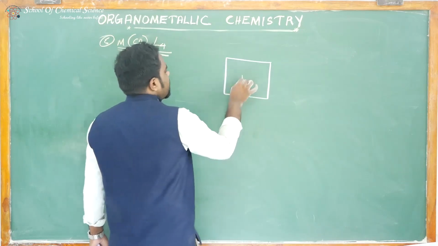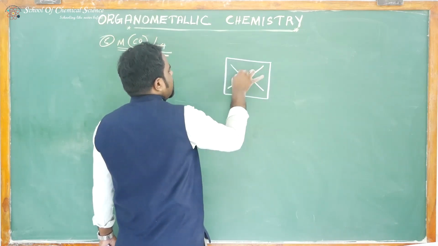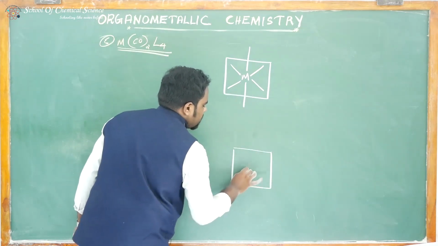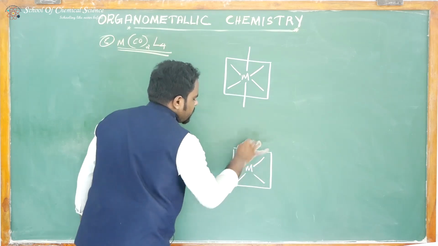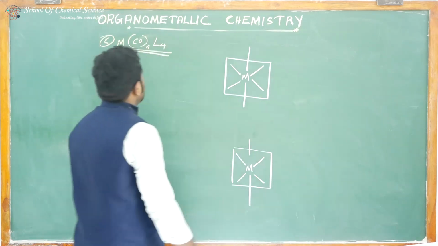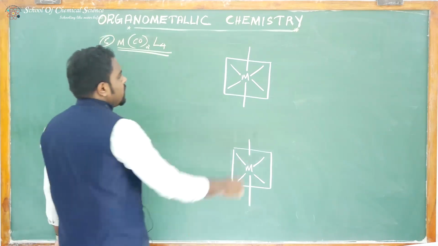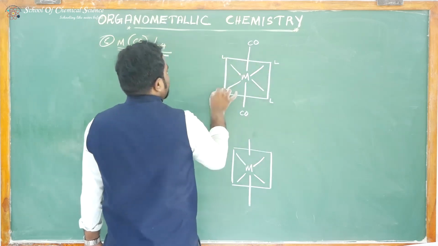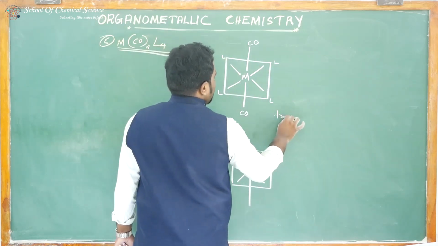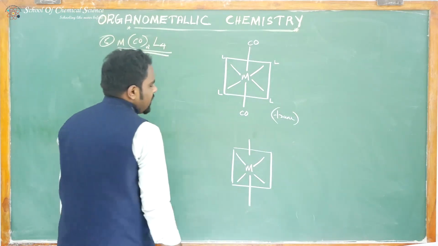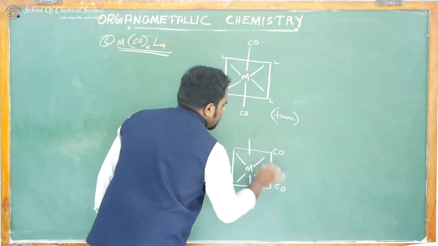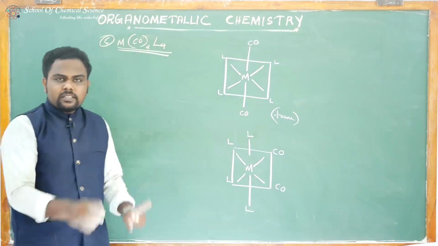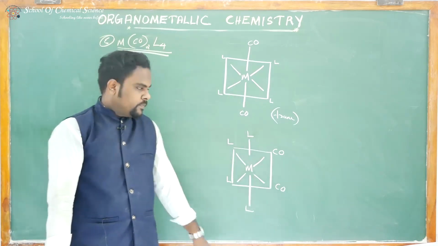A square plane, metal at the center, 4 corners. Two possibilities are there. First possibility, CO and CO trans, then L. This is called trans arrangement. Next one, CO and CO cis, then L. Here axial equatorial comparison is not there because all positions are equivalent.